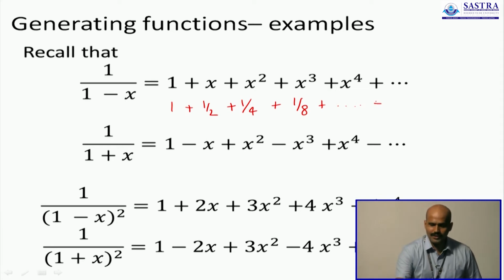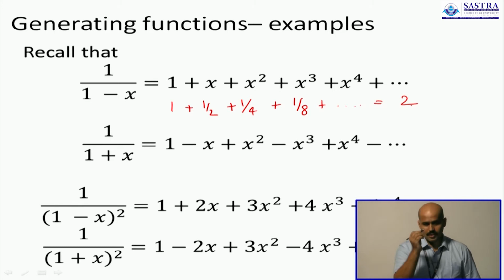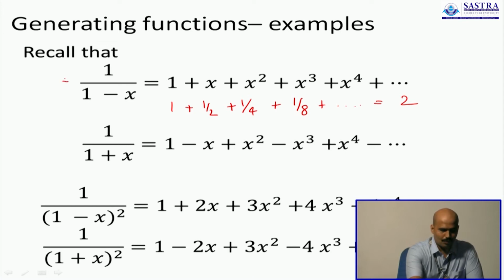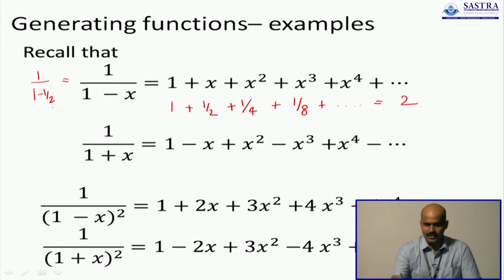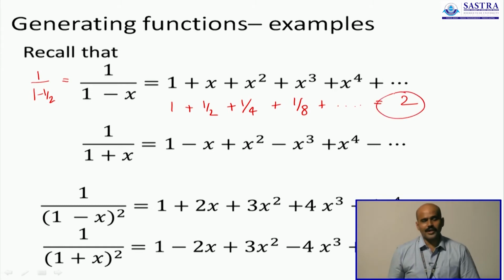I will know that this sum will approach the number 2, because the common ratio in the geometric progression is half, and half is less than 1, and since we are doing an infinite summation, I can make use of this formula on the right. So I will just do 1 upon 1 minus half, that's 1 upon half, and that's 2. So this kind of an infinite summation can happen in a geometric progression provided the common ratio is less than 1.